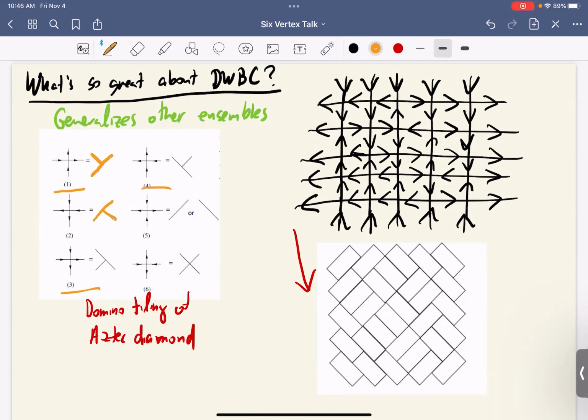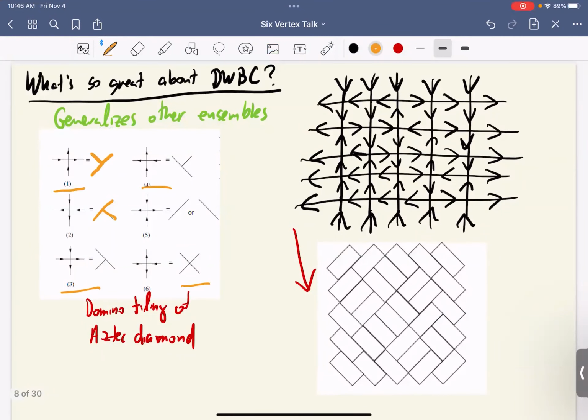Similarly for 3, 4, and 6. And yeah, if we follow this little rule, then what we'll end up with is a picture of domino tilings.